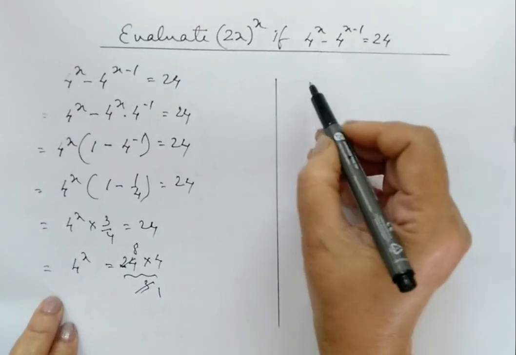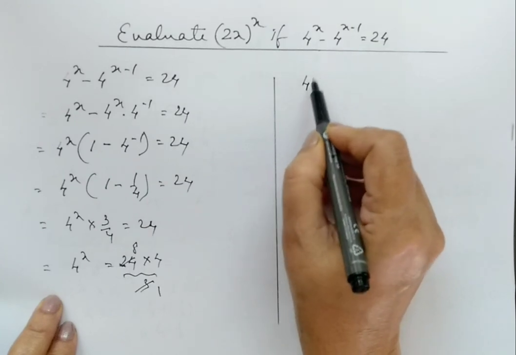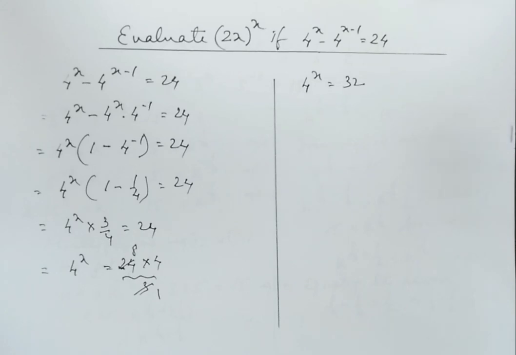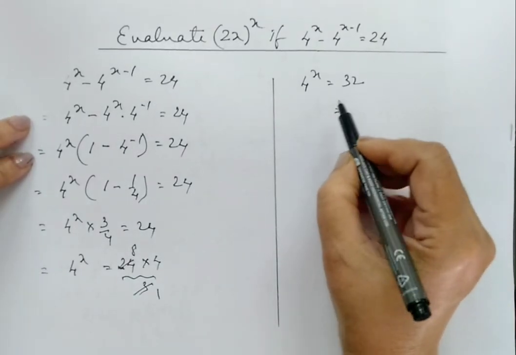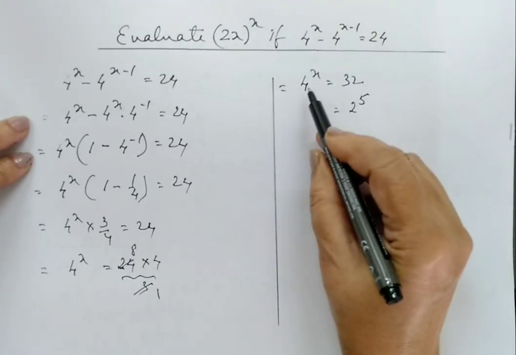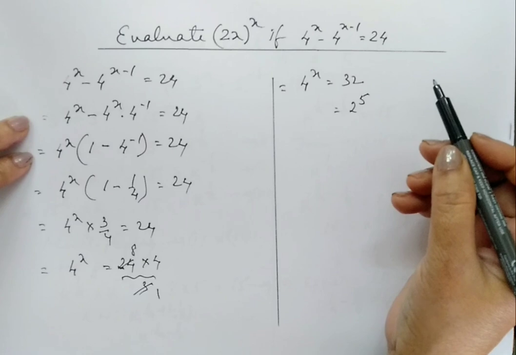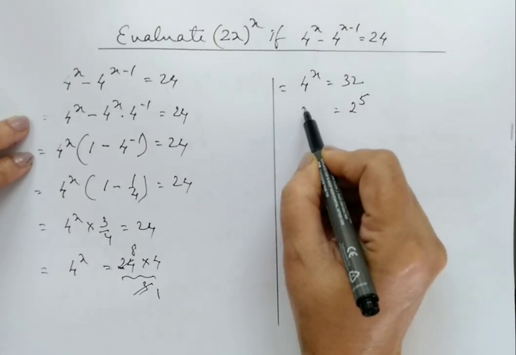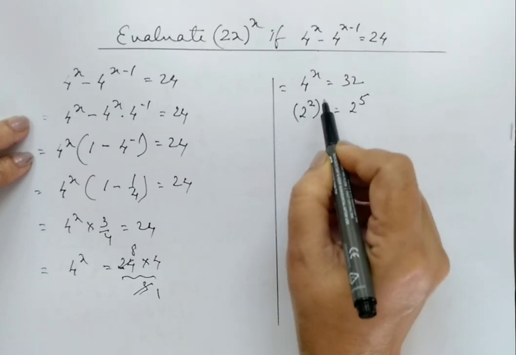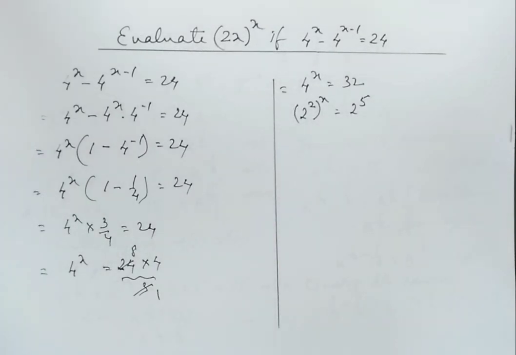Now going ahead, I have 4 to the power x equals 32. Now 32 can be written as 2 to the power 5, but 4, no. So in this case we need to convert 4 to 2 to the power 2 and x outside.